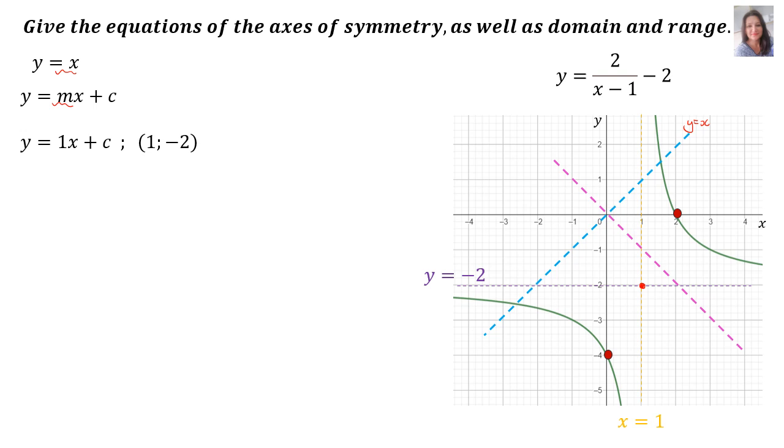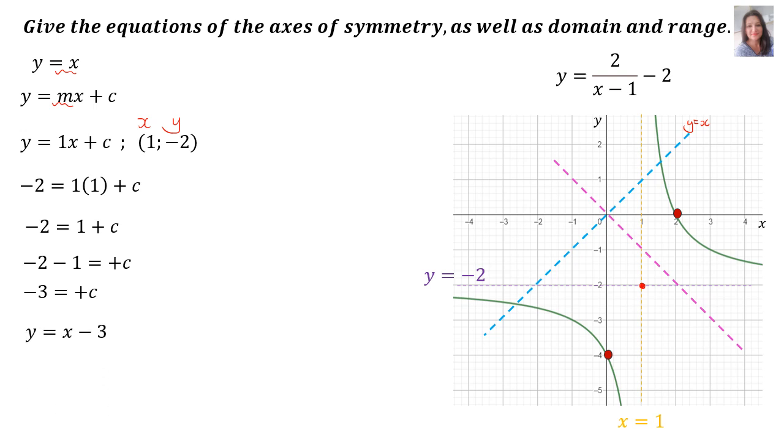That point is the intersection of the two asymptotes, and it consists of an x and a y coordinate. Therefore, you will end with -2 is equal to 1 bracket 1 plus c. And we'll solve c. -2 equals 1 plus c. -2 minus 1 is c, and c's value is -3. Therefore, your equation for the new axis of symmetry is y is equal to x minus 3.